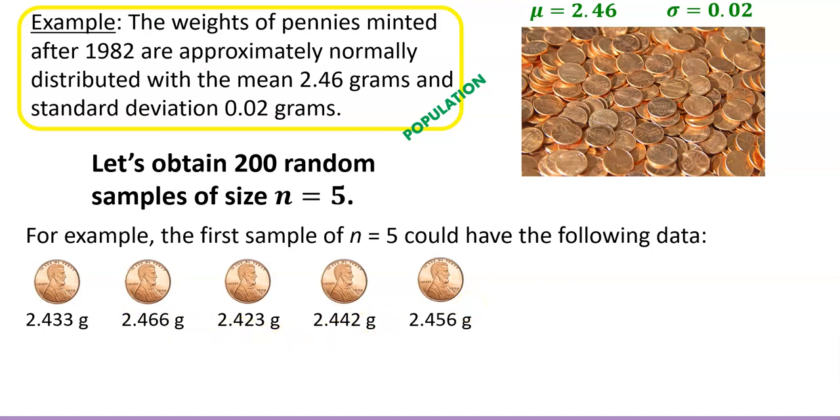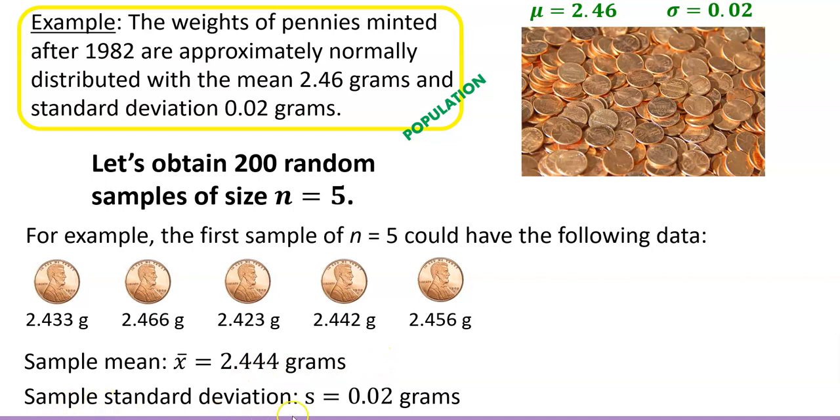And this is one of 200 samples. So for this specific sample, the sample mean, which we denote by X bar, is 2.444 grams. So that means that if I add the weight of all those 5 pennies and divide by 5, I'll get 2.444 grams.